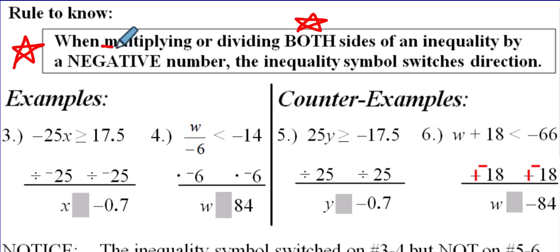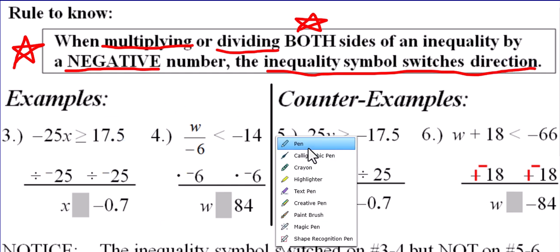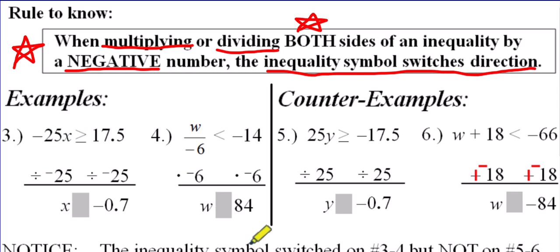Whenever you are multiplying or dividing both sides of an inequality by a negative number, the inequality symbol will switch direction. You're like, what? Take a look at my examples. Problem number 3. The variable was being multiplied.